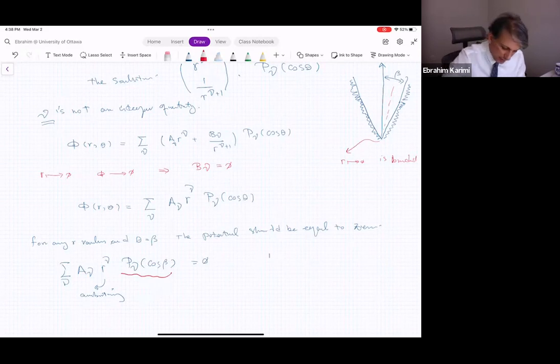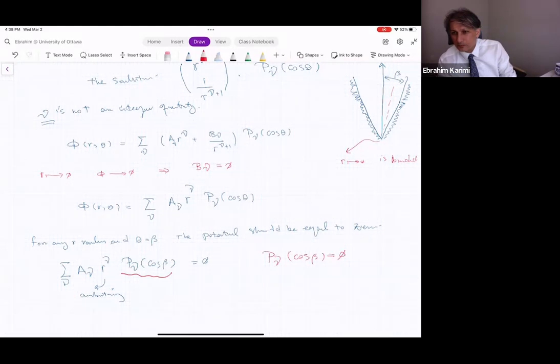So it means that P nu of cosine of beta should be equal to 0. Okay. So what does it mean? Remember, nu is not an integer anymore, by the way.